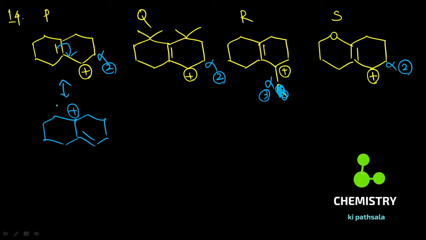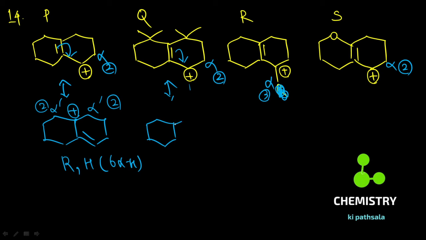Correct. So you get another new alpha hydrogen. So this is 2, this is 2. So this is stabilized by resonance and hyperconjugation. The number of alpha hydrogens present here is 6. In this case, because of resonance, the new resonating structure is like this.